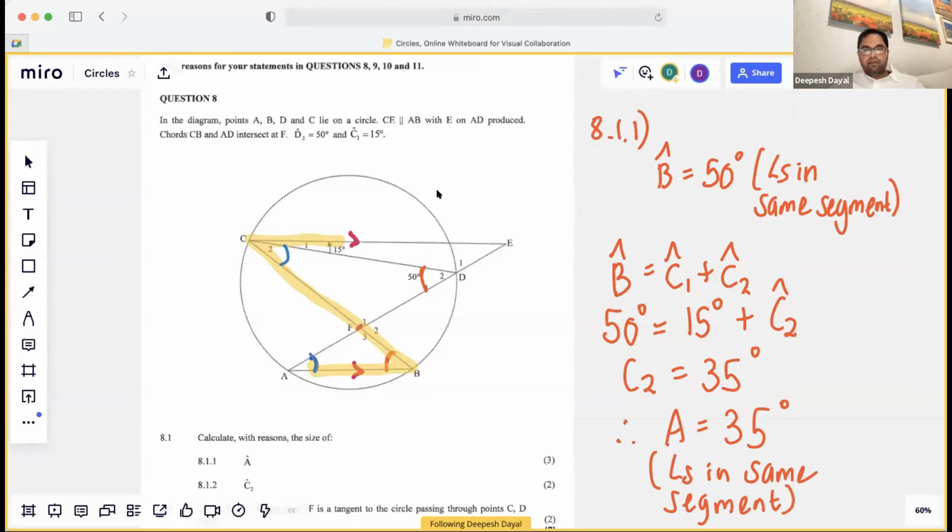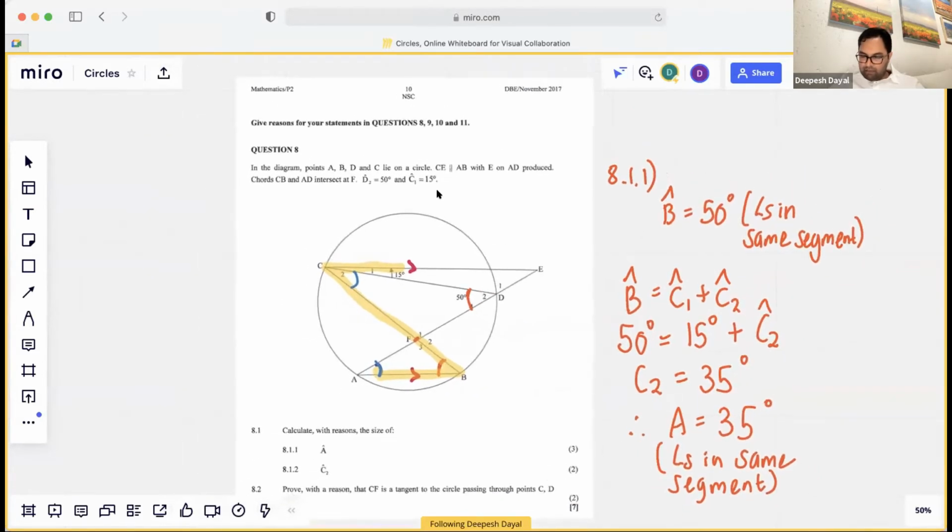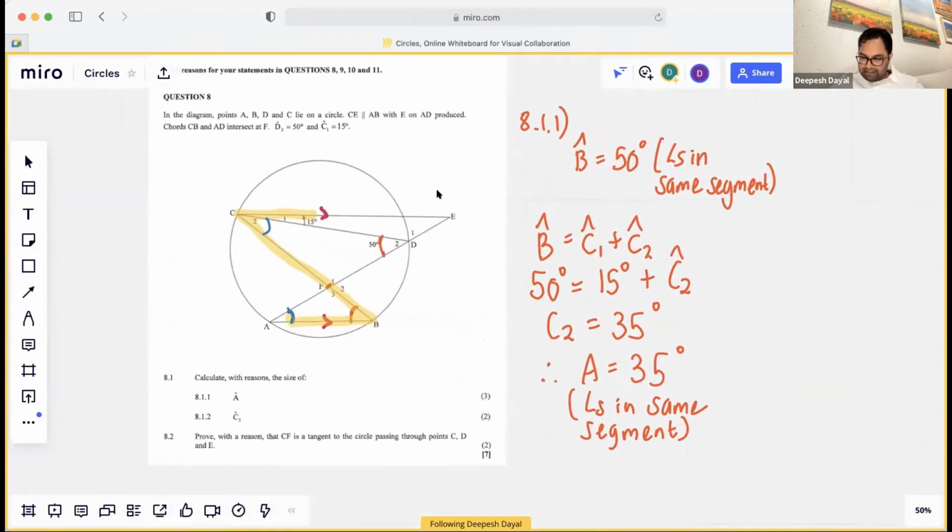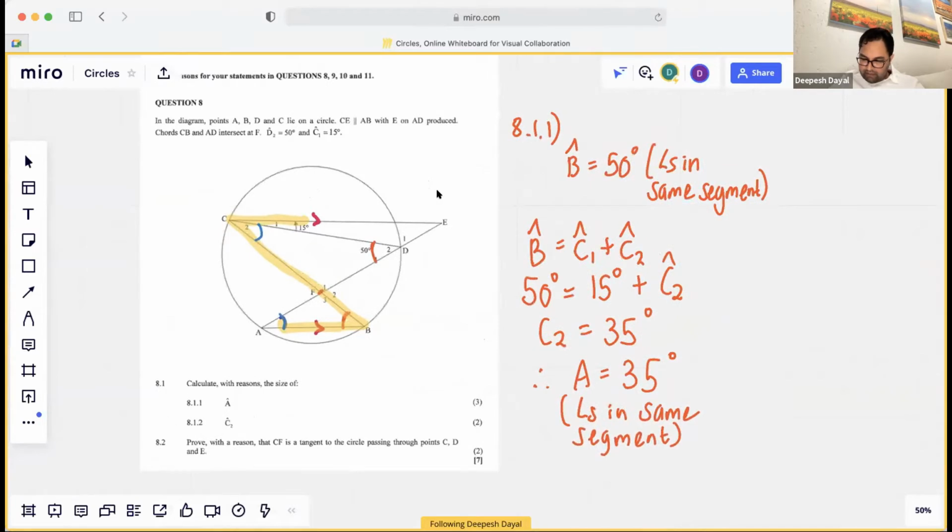Okay, so that is A, and we've actually also answered 8.1.2, which is C2. We're going to say 8.1.2, C2 equals 35 degrees, and it's also angles in same segment.